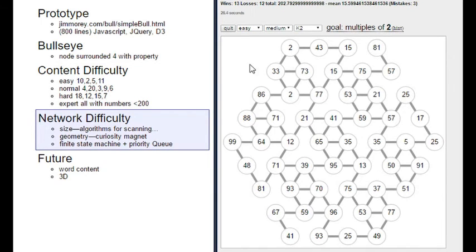Anyway, these overall patterns are defined by a finite state machine that allows you to keep growing out.